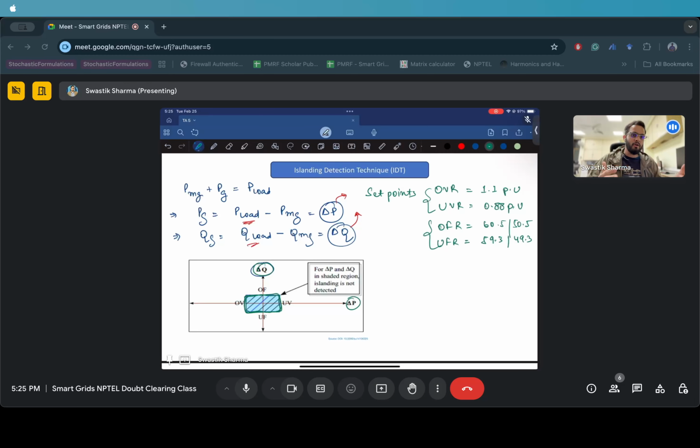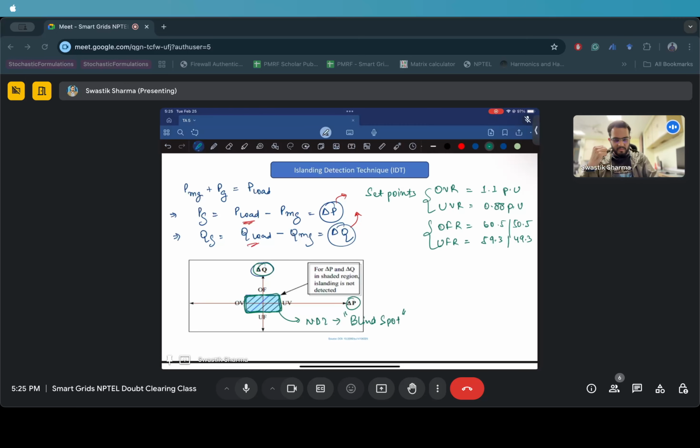What I mean by non-detection zone is that it behaves kind of like a blind spot, where a DER, which is supposed to modulate its infrastructure to support the microgrid's need when it is disconnected from the main grid, is not able to view that at all. So there is this non-detection zone, which is kind of like a blind spot, right? And our islanding detection techniques must be able to minimize this non-detection zone.